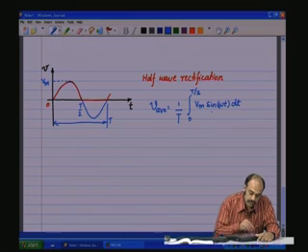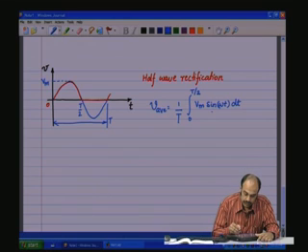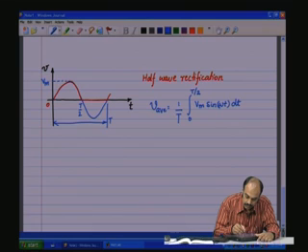This is the average value that you would get for this one. As we see here, this is not 2 by T, this is just 1 by T, for the whole period, but you are integrating from 0 to T by 2, because from T by 2 to T it is 0 and there is no output which comes into the picture.